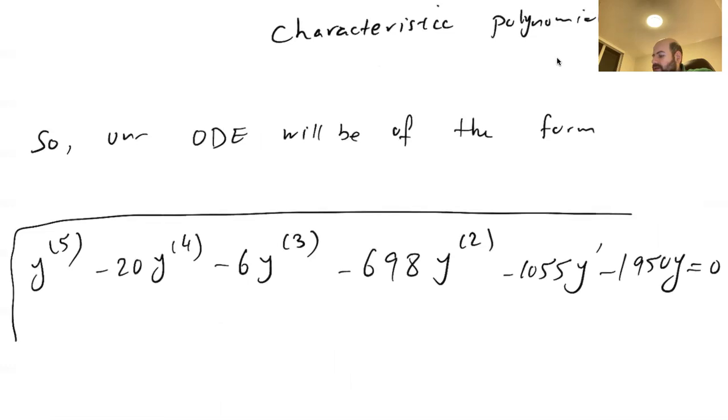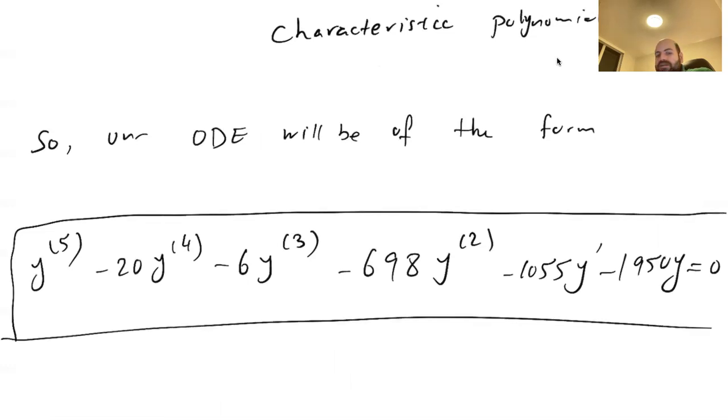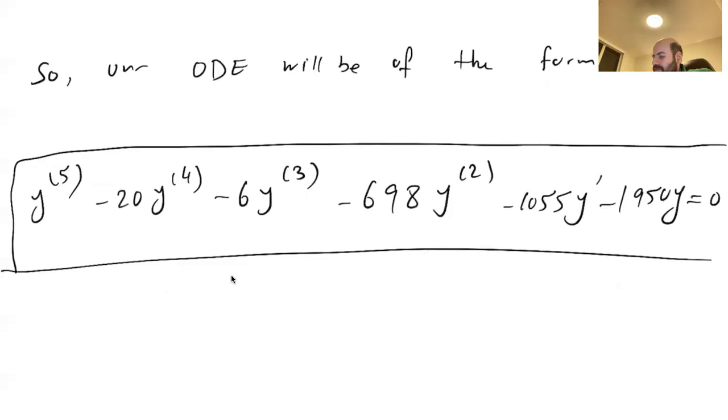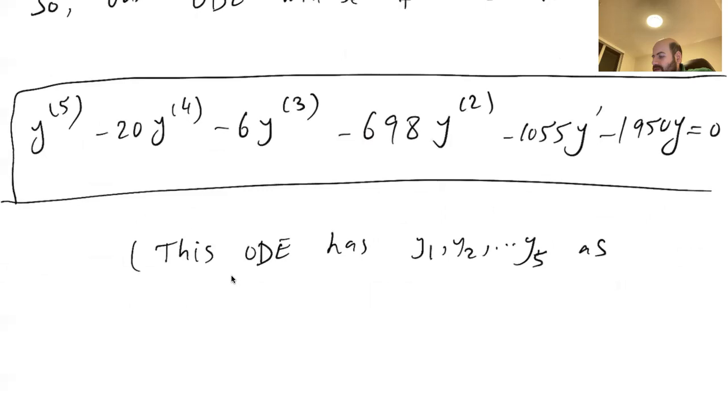So this is the ODE with the given solution. This ODE will have the solutions that we needed. This ODE has y1, y2 to y5 as its solutions.